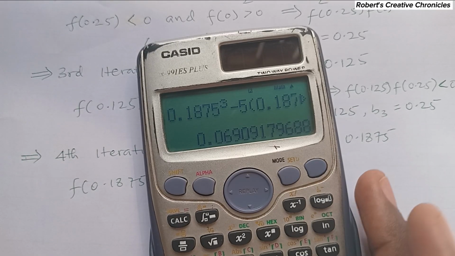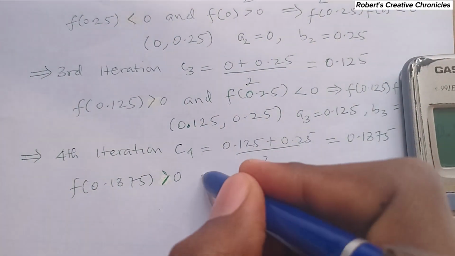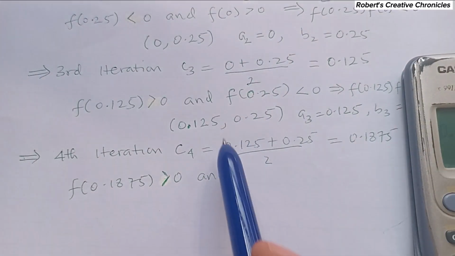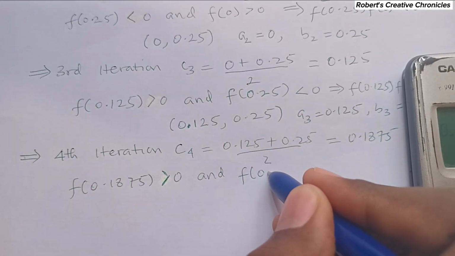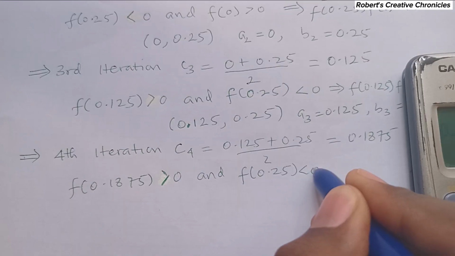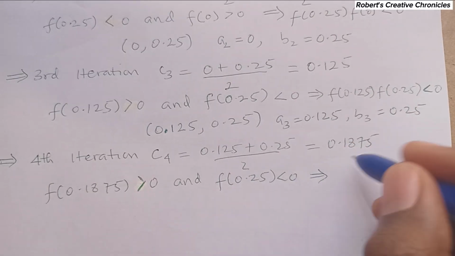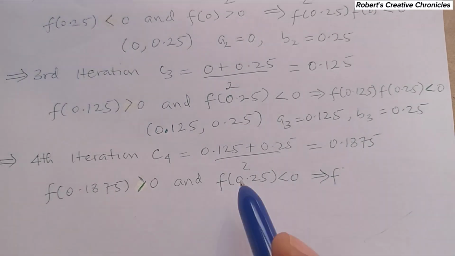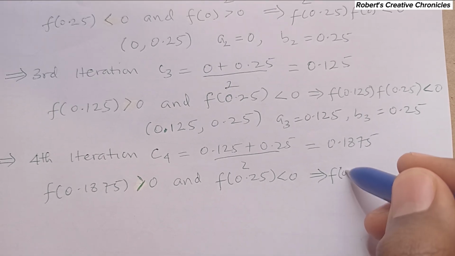This is positive, so this will be greater than 0 because it's a positive number. And then we are going to choose the one that is less than 0, which is this one, f of 0.25 less than 0. So that when they times together, it will give us a negative value that is less than 0.